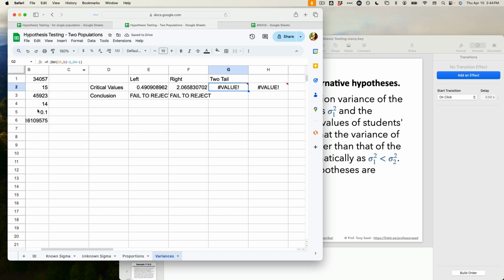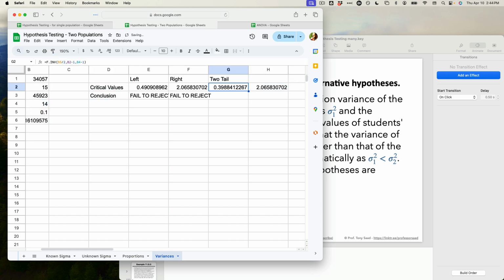What was my alpha? It was B5, right? I'm going to put B5 over 2, so that gives me this. This one should be B2, and this one should be B4. And same here, this would be B5 and B2 and B4.